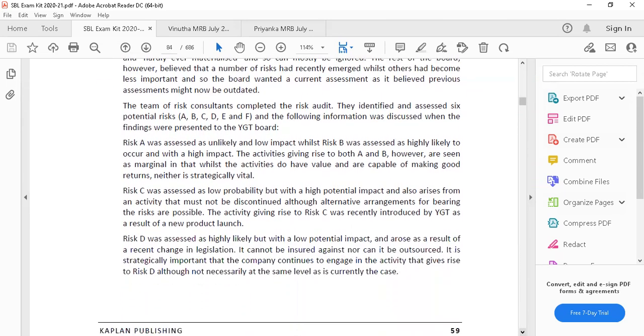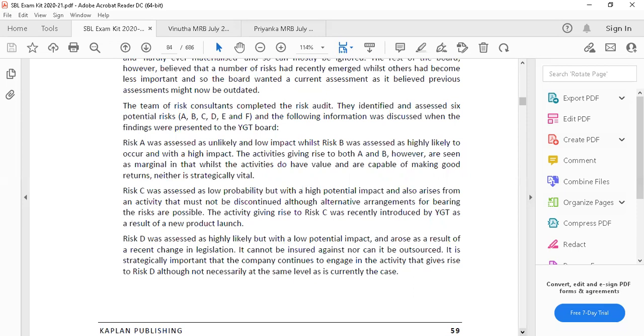Risk A was assessed as unlikely and low impact, while risk B was assessed as highly likely to occur with a high impact. The activities giving rise to both A and B, however, are seen as marginal in that while the activities do have value and are capable of making good returns, neither is strategically vital.